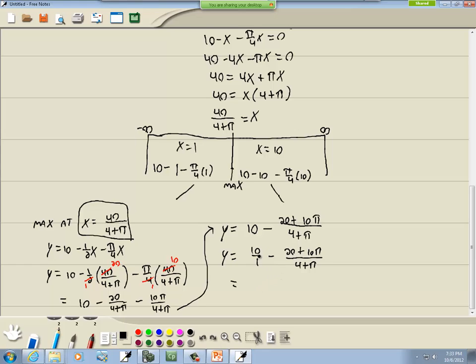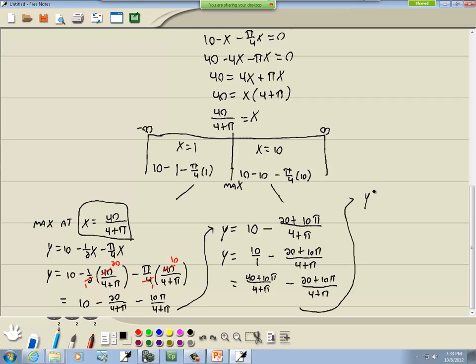Multiply this first fraction, top and bottom, by 4 plus pi. And up here, 10 times 4 is 40, 10 times pi is 10 pi, minus 20 plus 10 pi over 4 plus pi.